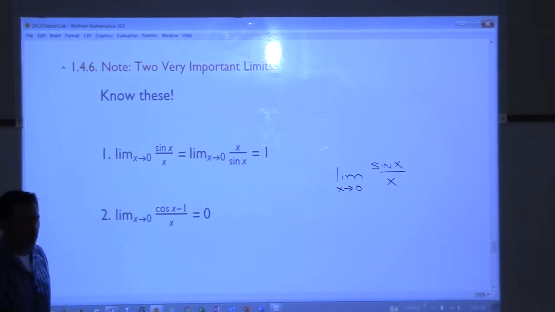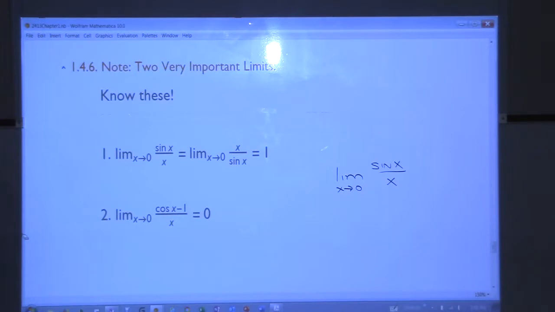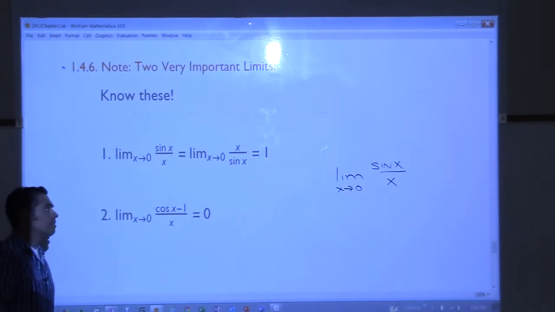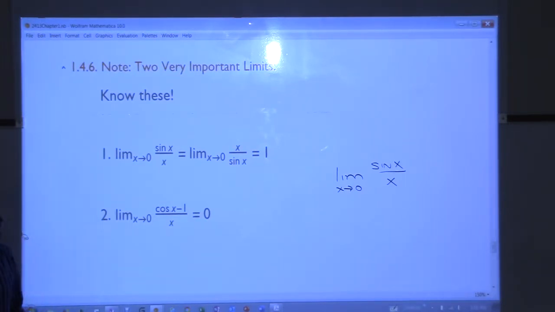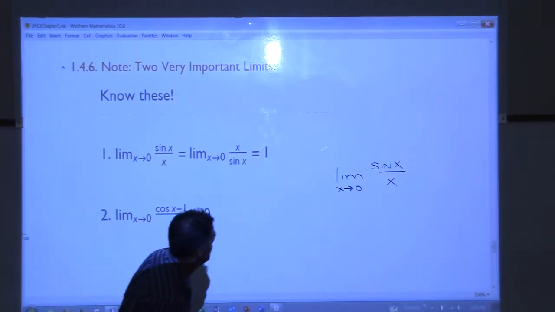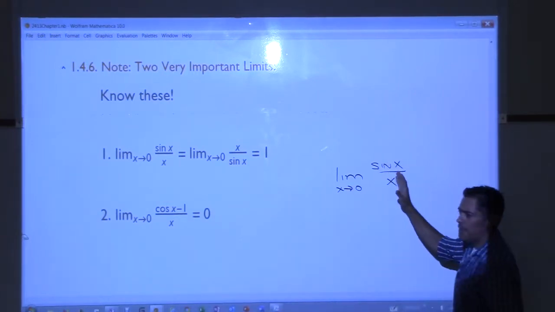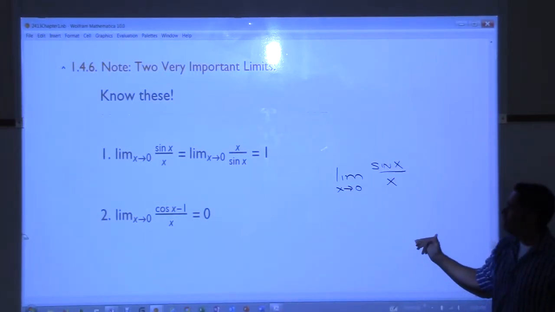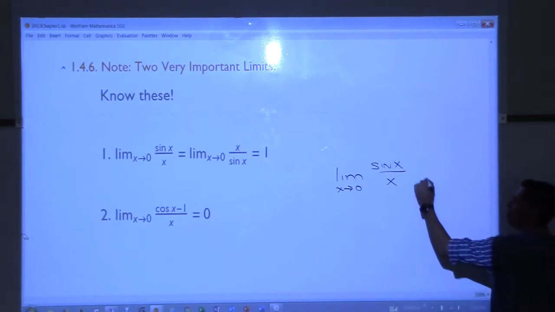Maybe I'll graph it here in just a second, all right? But let's just first convince ourselves that we could not figure out that the answer is 1 by doing any algebra. There's nothing we could do to this right now to figure out that the answer is 1.